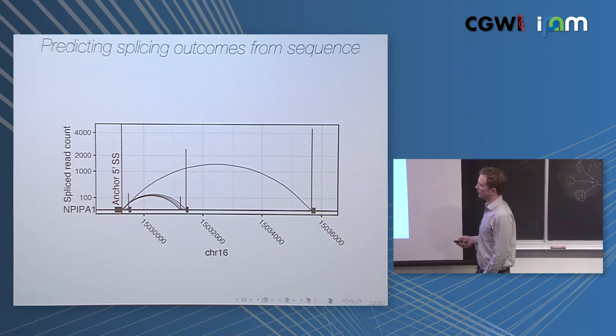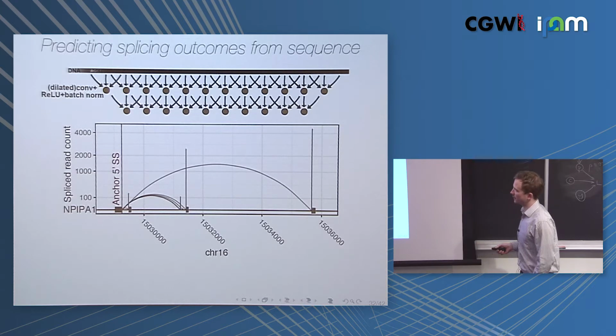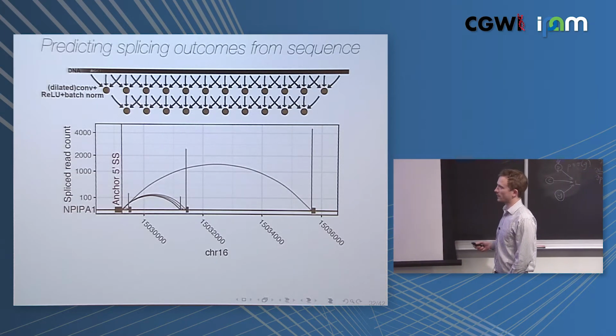And the model we're going to use is a deep convolutional neural network, but this is a fully convolutional network, which means it's, if you like, a sequence-to-sequence model. So the input is DNA, or if you want the precursor messenger RNA sequence, which is passed through convolutional layers, but there's no max pooling here, which means the genomic resolution isn't decreasing, although of course you are losing some base pairs at the end.